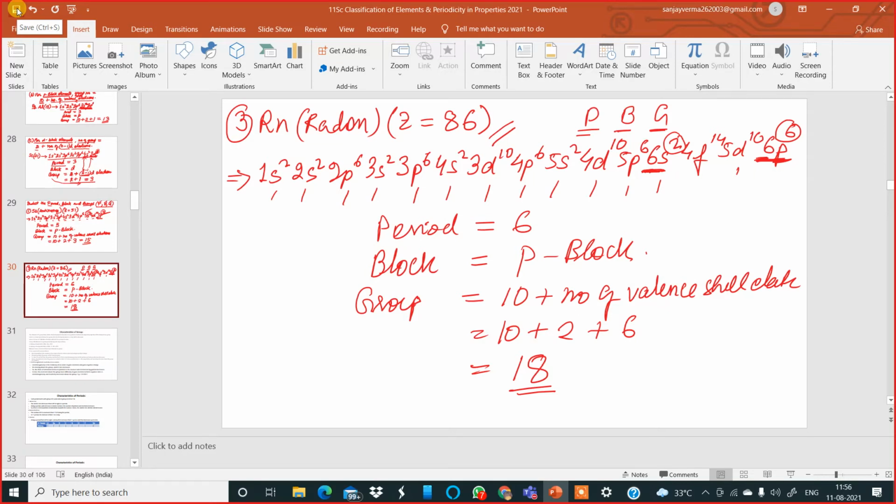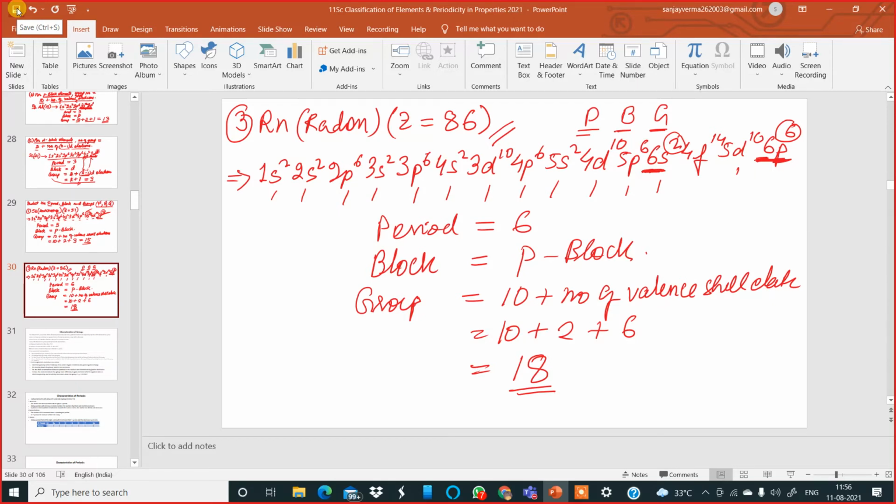If the atomic number is not given, then you will not be able to write down the electronic configuration, and then you will not be able to know which period, which block, and which group. Are you getting it? While writing the configuration, you can follow the above rule. If you don't want to follow the above rule, never mind.